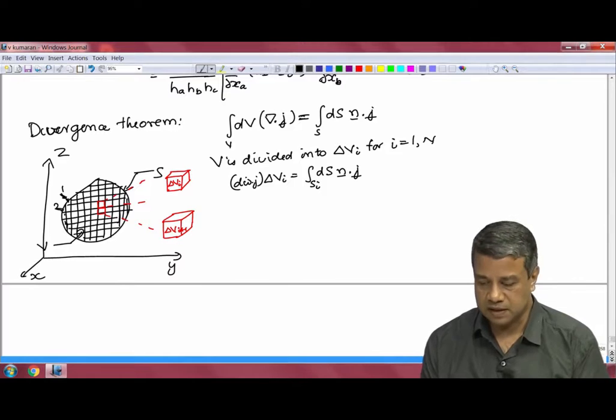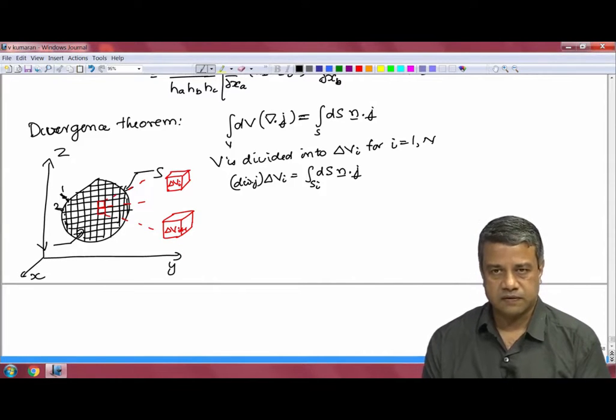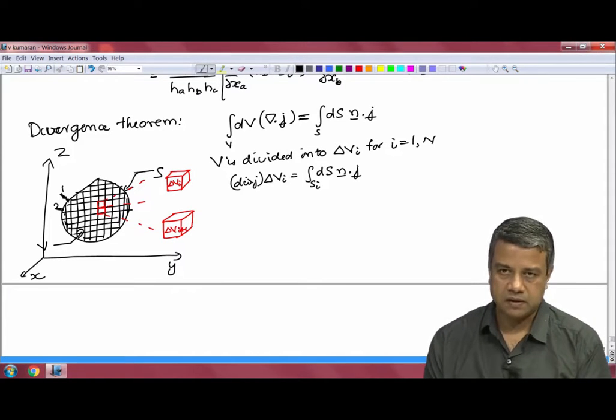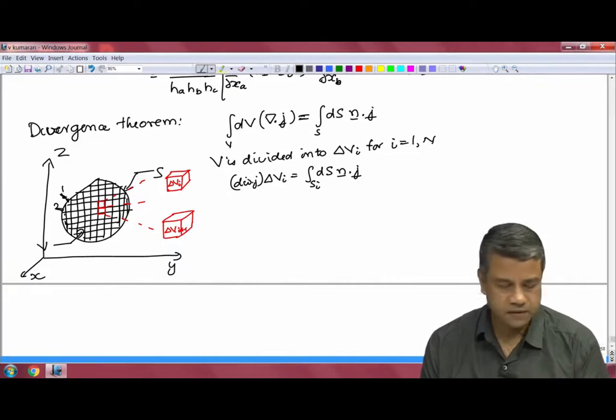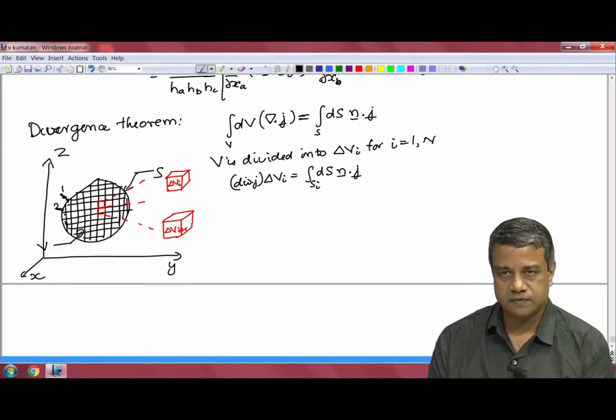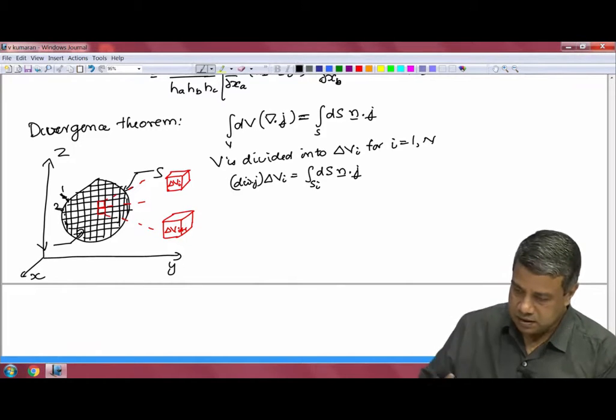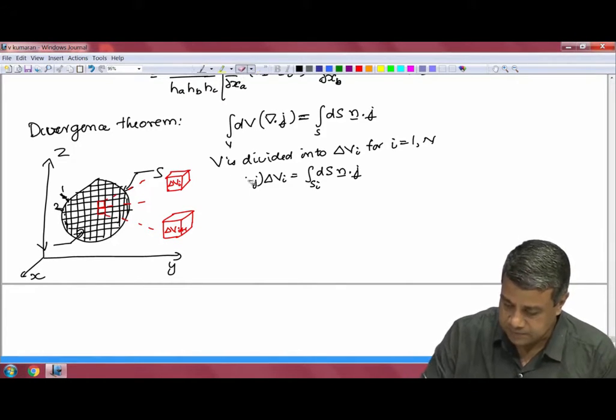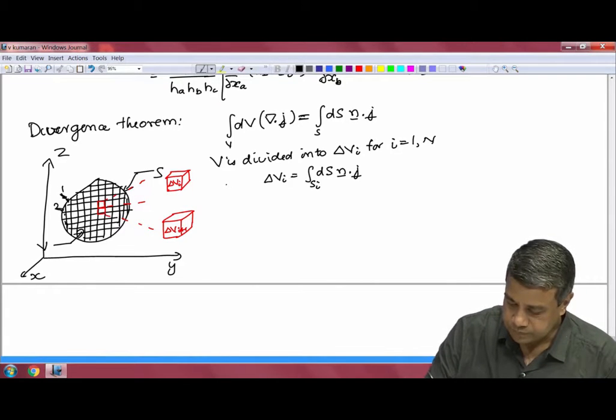Divergence was defined as the integral over the surface S of n dot j divided by delta V. I am applying this to each differential volume within this larger volume, delta V i times the divergence of j at the location x i.